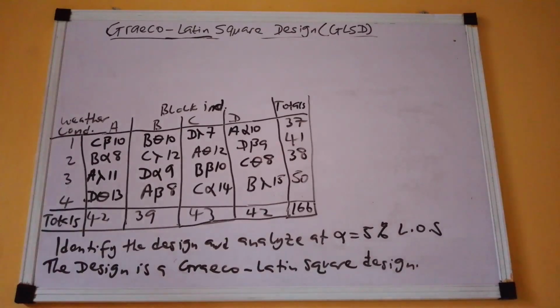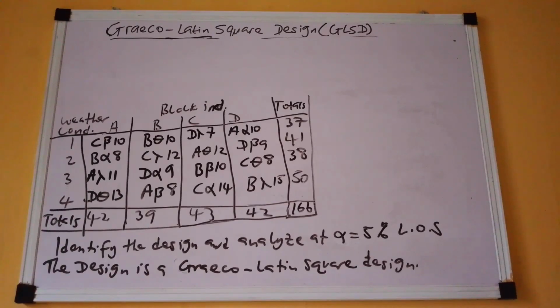So it is important you know that you must be able to differentiate between the block industries and the weather conditions, and also the Latin letters and the Greek letters.